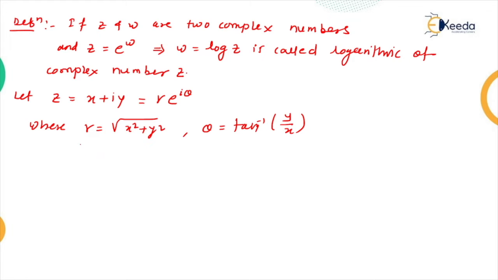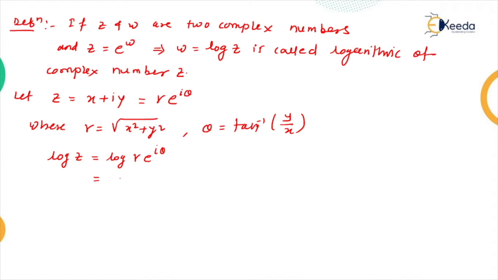Now I'm going to discuss log z, the logarithm of a complex number. Log z can be written as log of r into e to the power i theta. By using the logarithmic property, since this is a product of two terms, we get log r plus log of e to the power i theta.